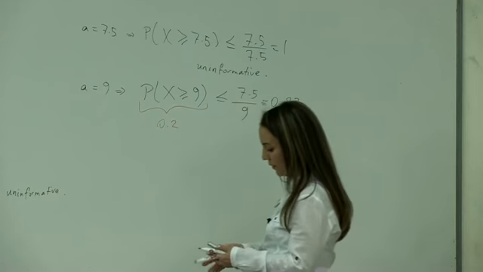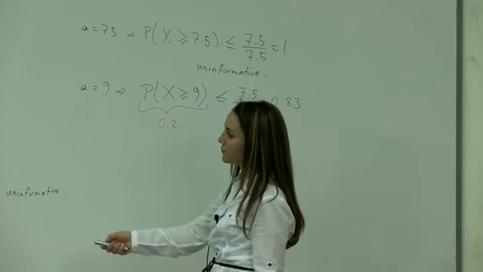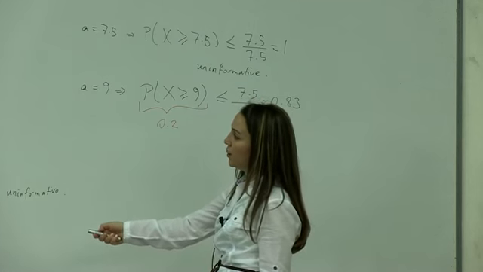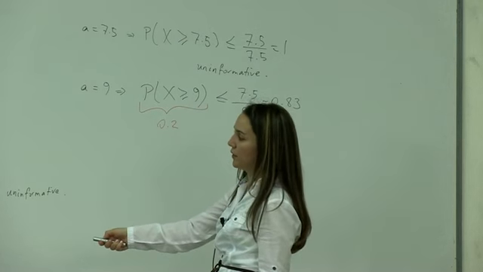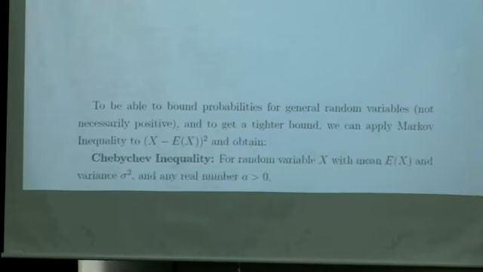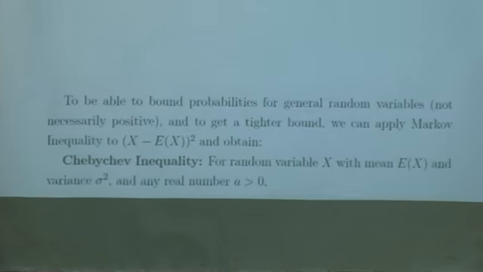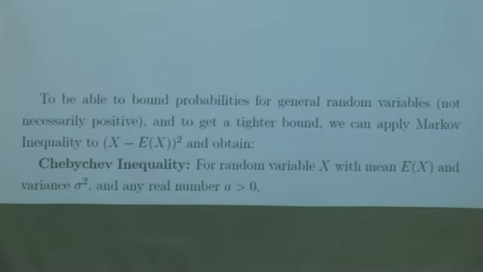Here's how we derive the Chebyshev inequality. So apply Markov inequality to x minus expectation of x, squared. Okay? So x minus expectation of x, squared, is a random variable.